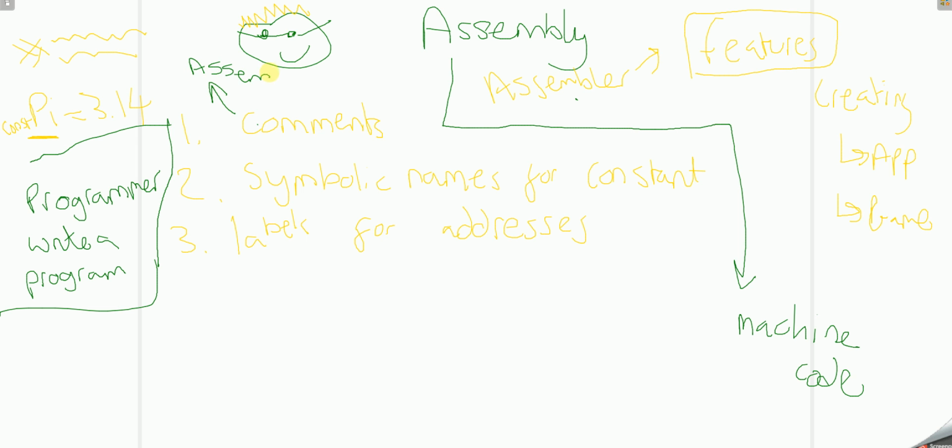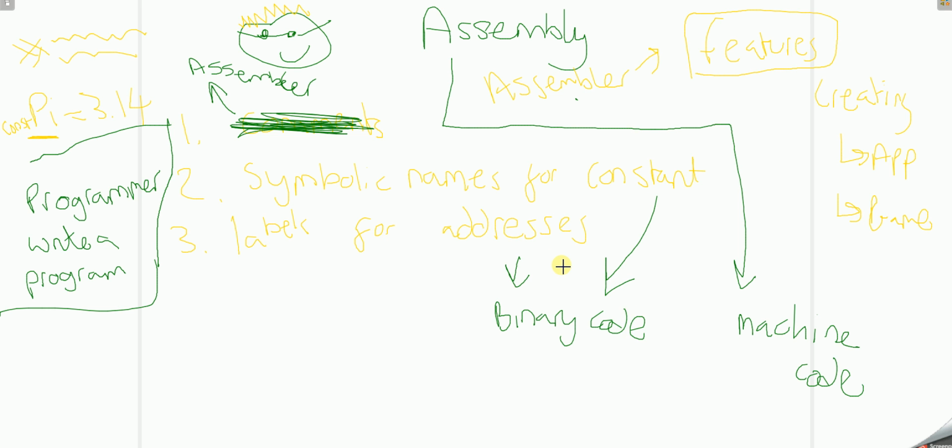It doesn't actually pass it on to machine code, so it removes it. It doesn't need it. These comments are just when you're making a program so that other people can see what it is you're doing. And what happens to symbolic names of constants and labels for addresses is that it gets turned into binary code by the assembler.